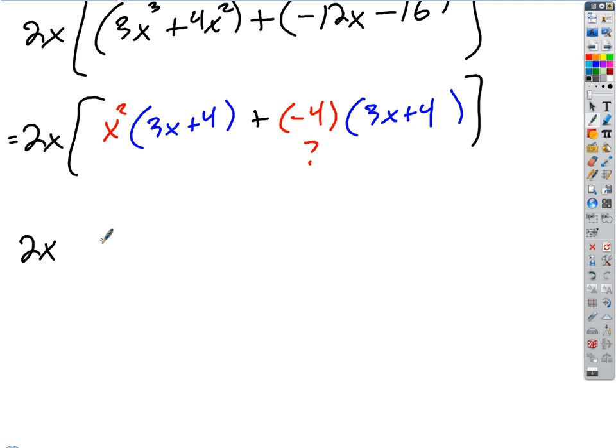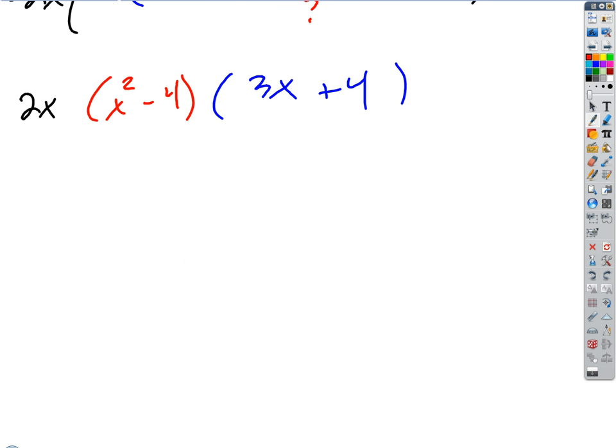So, we get 2x times what? Okay, good, we're gonna have an x squared minus 4 left over when we factor out from each of these two terms our 3x plus 4. Good, so how about that, we done? No, Hunter says, how come?